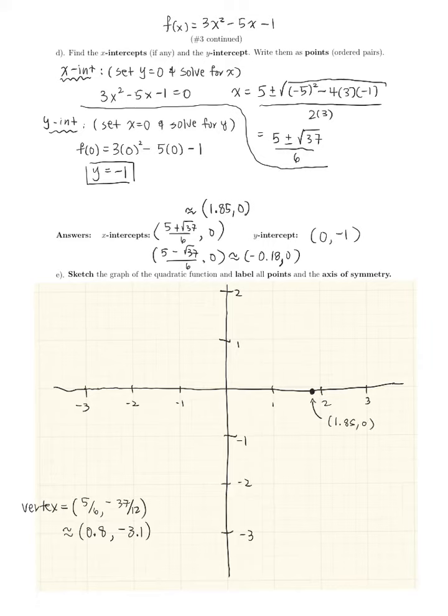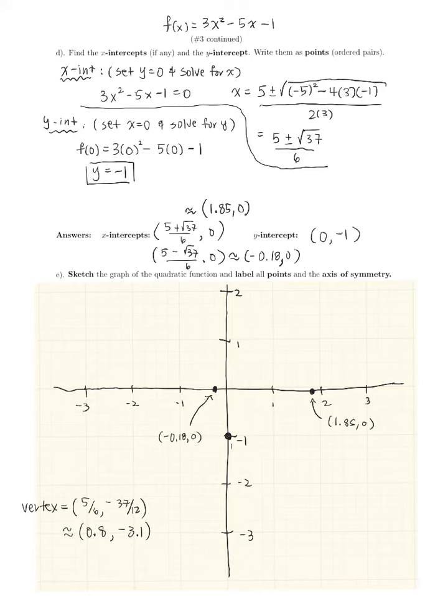And the second one is negative 0.18, so negative 0.2 approximately. So let's make this dot. This is my approximation for negative 0.18 comma 0. Now the y-intercept is the nice one. It's 0 comma negative 1, so it will be right here.